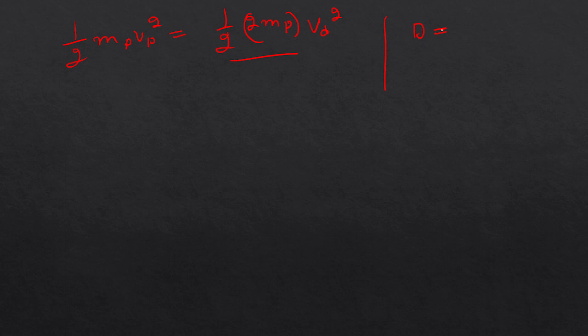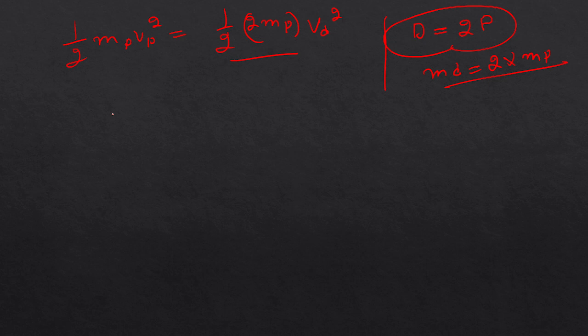It means m_d, the mass of the deuteron, equals 2 times m_p. I just replaced the value of m_d with twice m_p, so that our calculation will get easy.